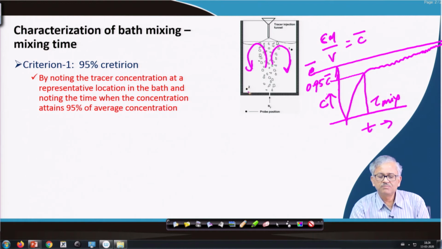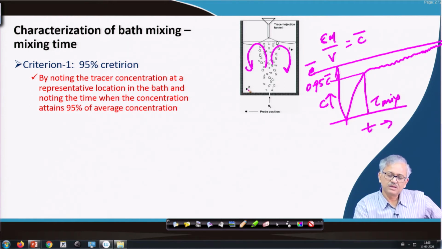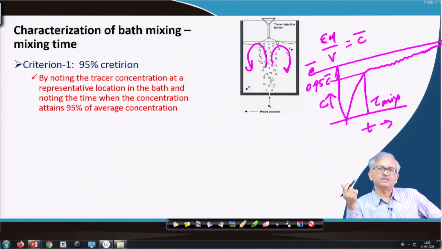If I measure the mixing time at point 2, that will give you the maximum mixing time, and you can represent that as the mixing time of the vessel. Or you can take points 1 and 2 and their average as the mixing time of the vessel.